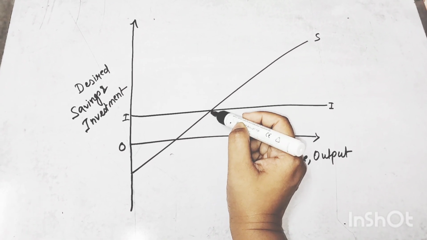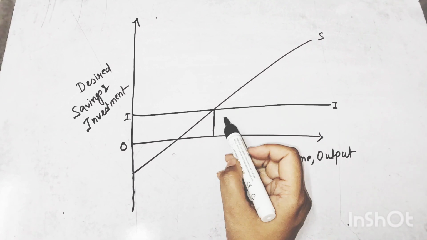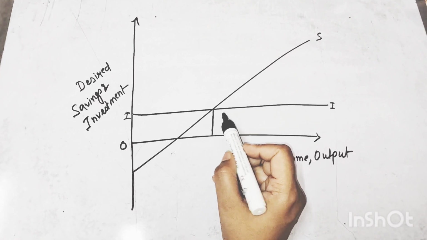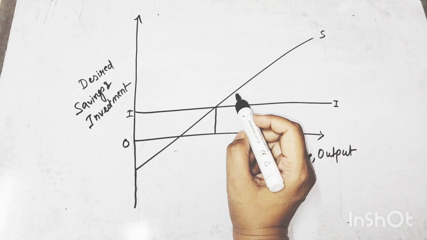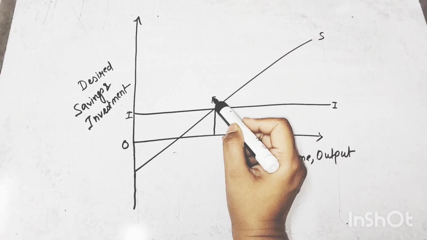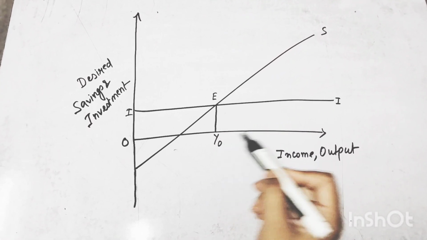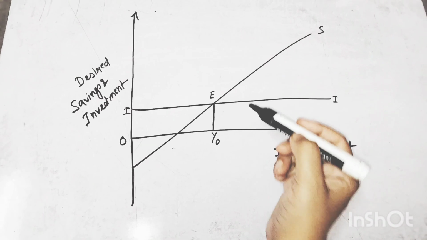Now here the planned investment is equal to planned saving at this point. So this point is the equilibrium point, and here y0 is the equilibrium level of income.